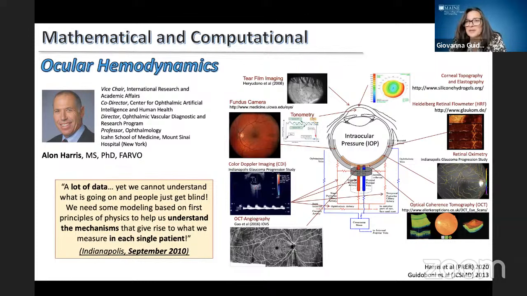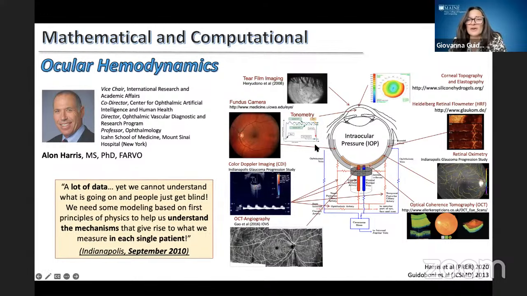And I was truly impressed by the many things that can be measured non-invasively in the eye of people just sitting in front of a machine without any further operation, rather than sitting and watching through something. So this is just an example of the various things that can be observed through the eye.